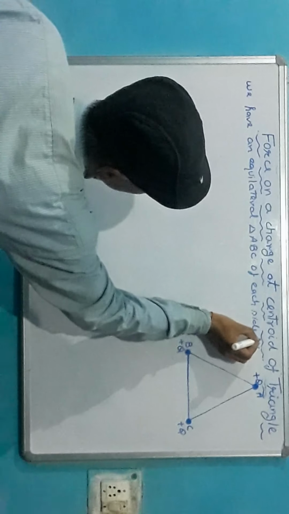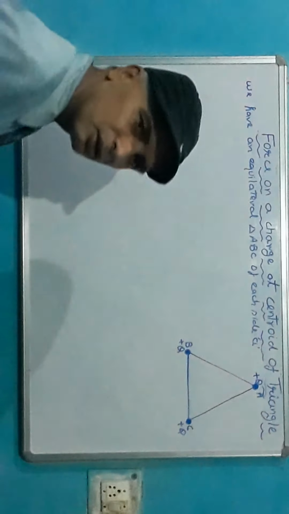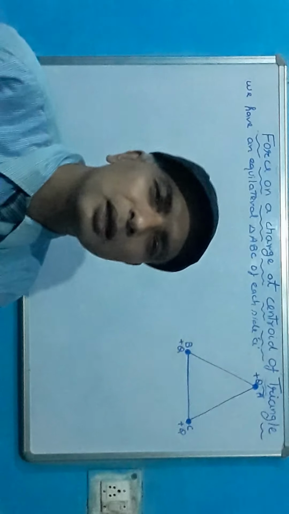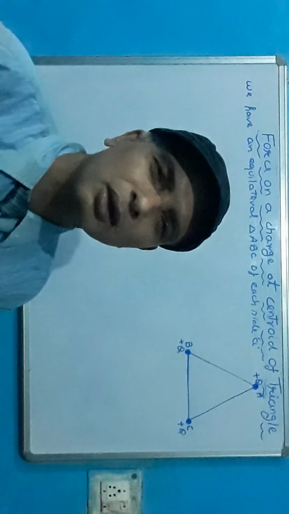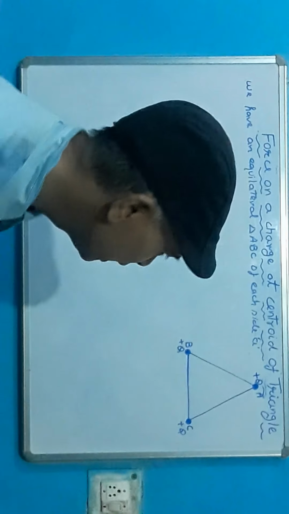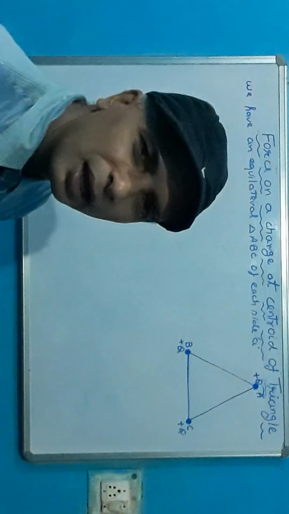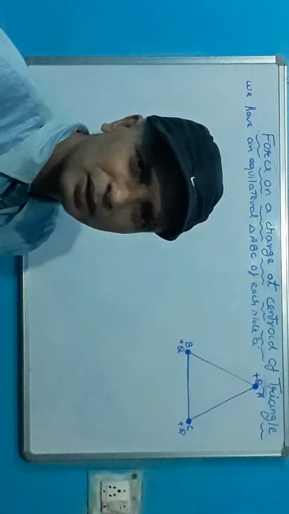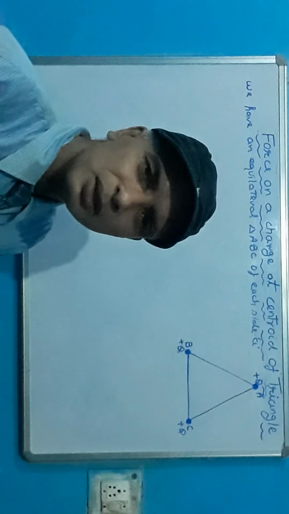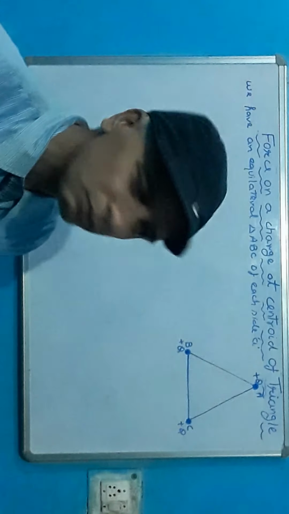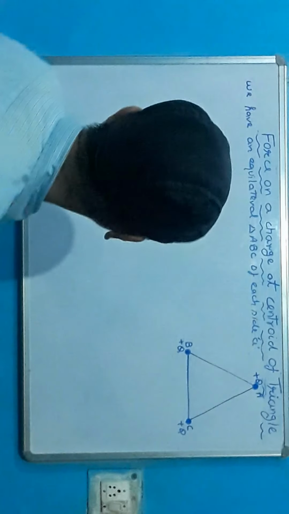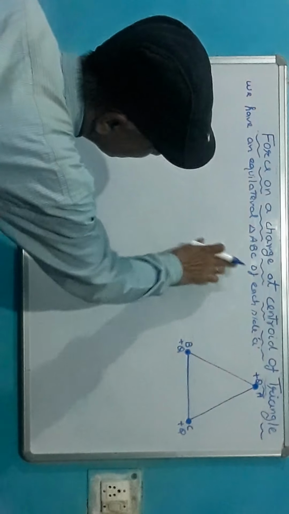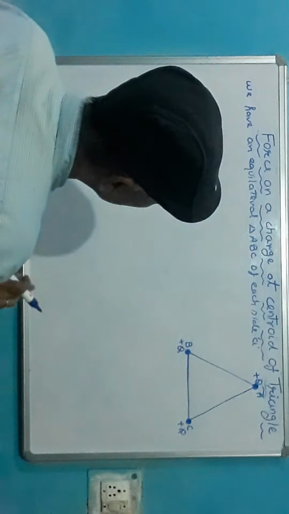I have considered that each side of this equilateral triangle is small a, and we know that equilateral triangles are those triangles in which all sides are equal. What I have to do is calculate the electric force on a small point charge plus q, which has been placed at its centroid. Let us see how we can calculate. I have considered an equilateral triangle ABC of each side a.